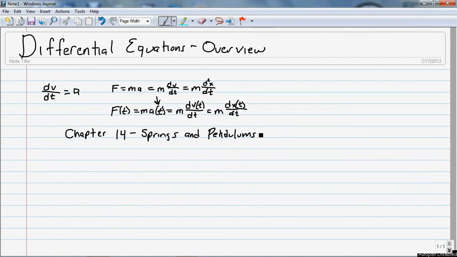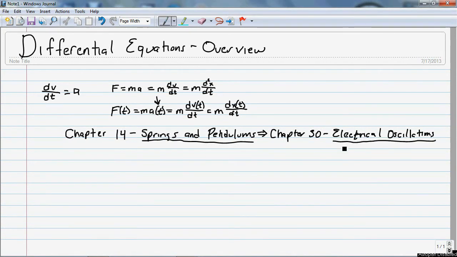But by the time we get into chapter 30, we'll talk about electrical oscillations. And the equations that describe springs and pendulums are also going to be the same forms that describe electrical oscillations.